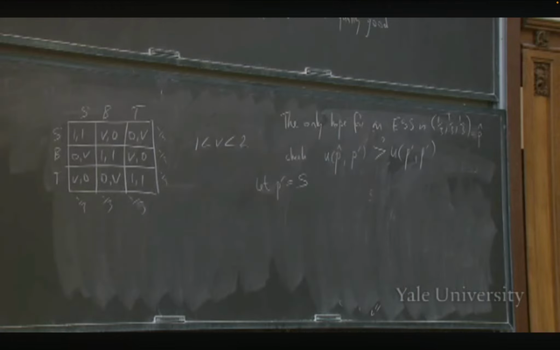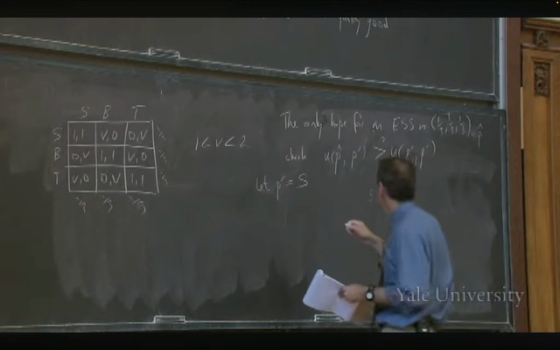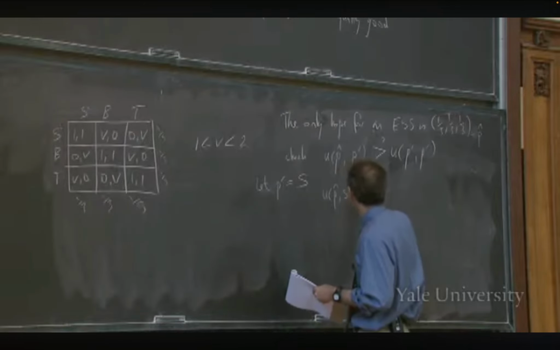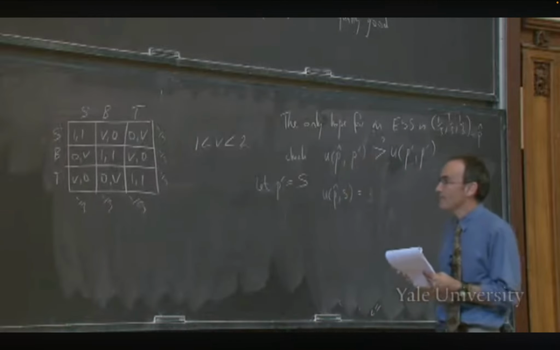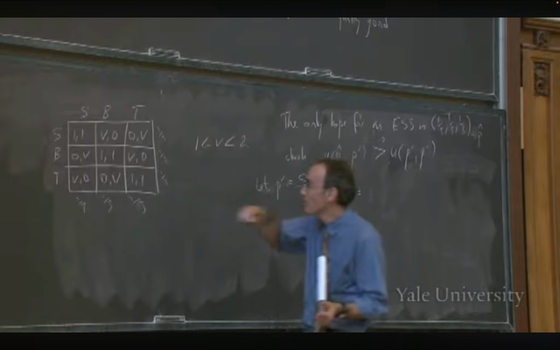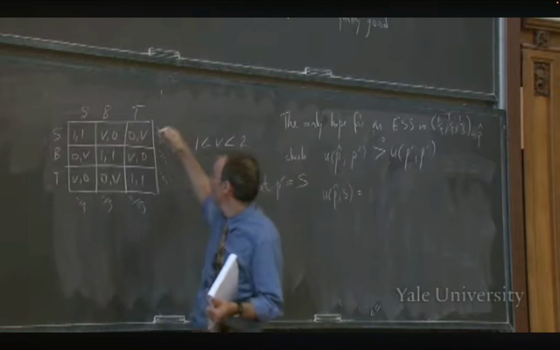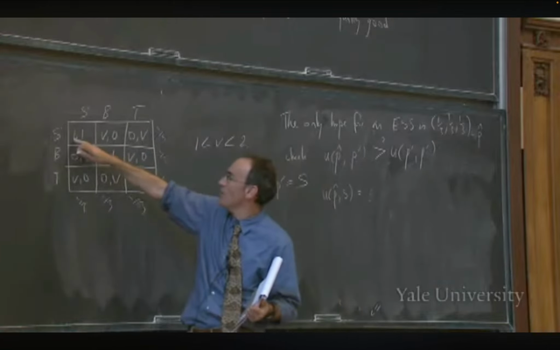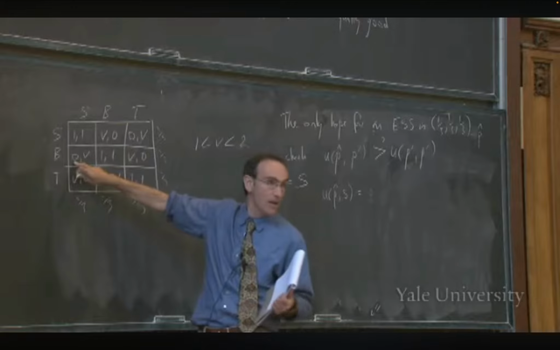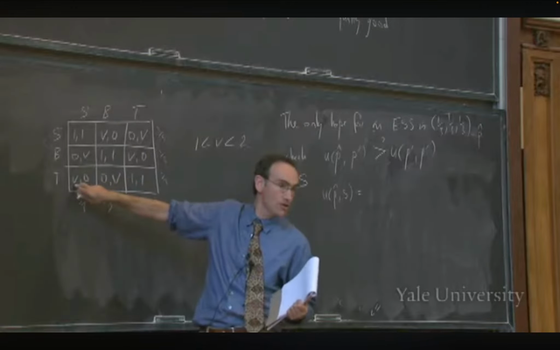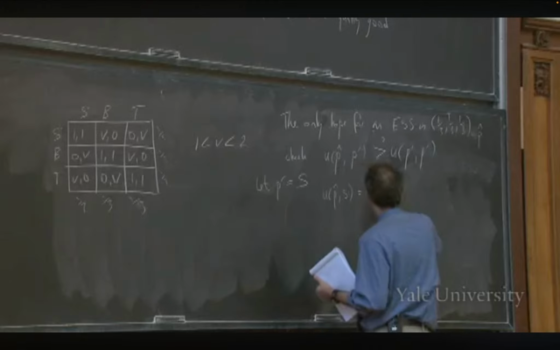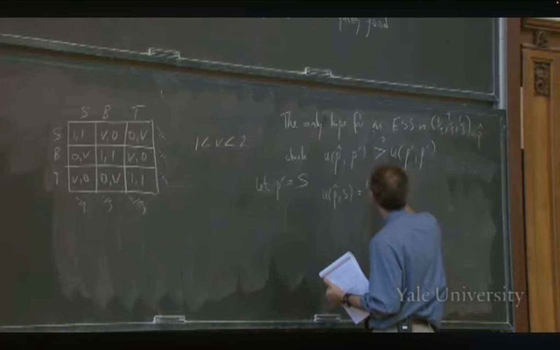All right, so let's compare these things. So u of p hat against scratch is what? Well, you're playing against scratch. You are 1/3 scratch, 1/3 bite, 1/3 trample. So 1/3 of the time you get 1, 1/3 of the time you get nothing, and 1/3 of the time you get v. Is that right? So your payoff is (1 plus v) over 3.